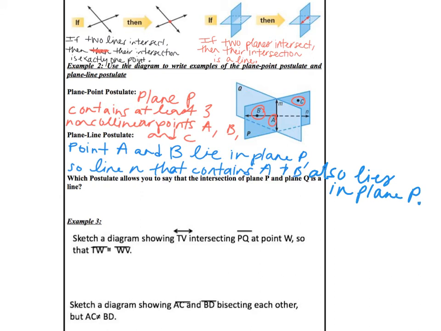Lies in plane P. Plane intersection postulate: two planes intersect at a line.